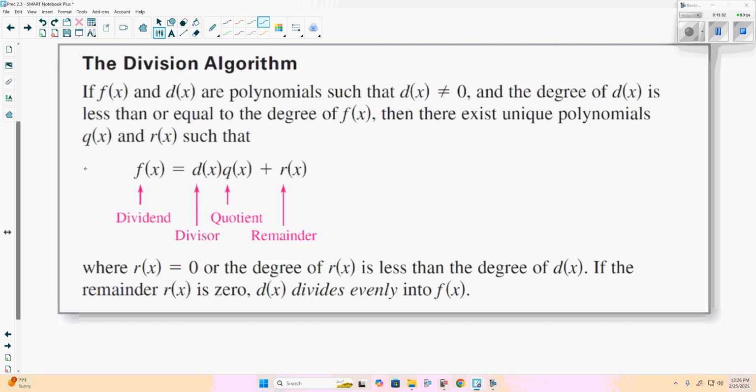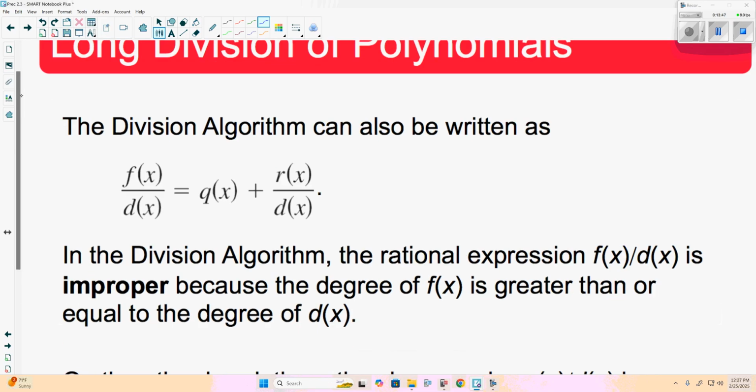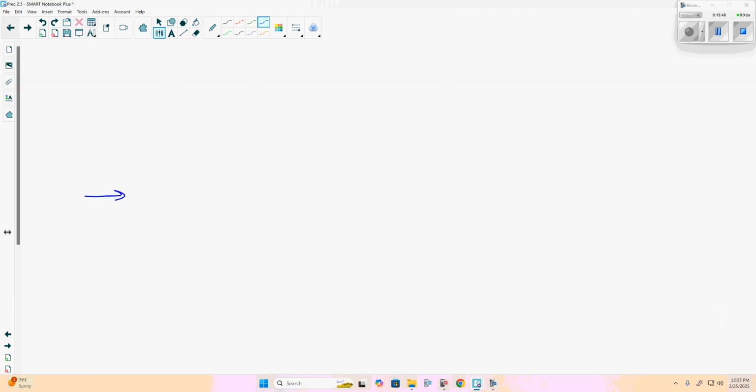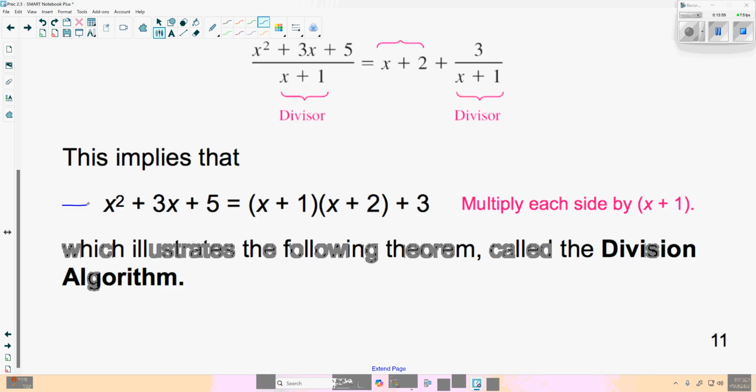Just a lot of explanation for the fact that f of x, if we divide it by something, we'll have our division and our quotient plus our remainder, in more of a non-fractional form. Essentially what they're saying is we can take any division problem and rewrite it in this form here as a product of its factors.